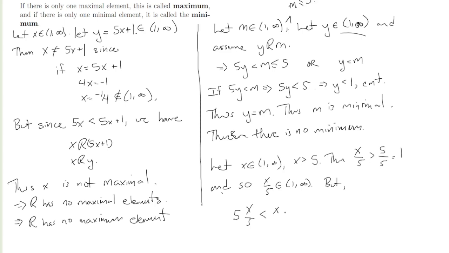What do I want to do here? X is bigger than 5, so x over 5 is bigger than 5 over 5, which is 1.